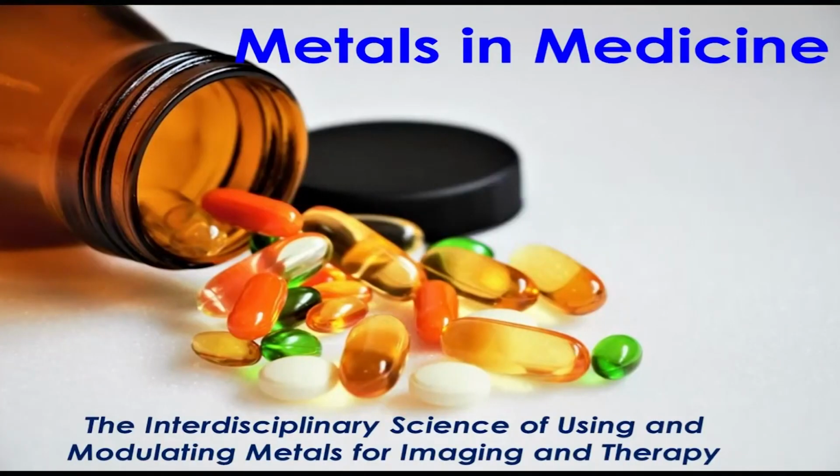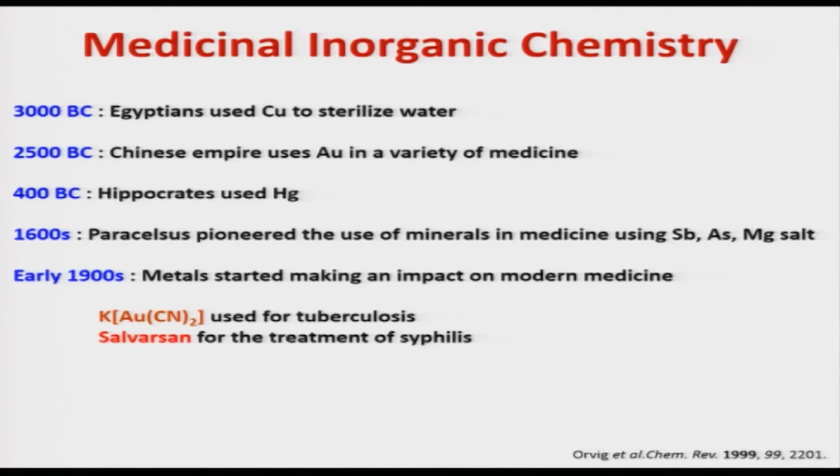Among the natural sciences, it is still considered a rather young discipline by many, but this is contrary to the historically proven use of metals in pharmaceuticals, which trace back to the ancient civilizations of Mesopotamia, Egypt, India and China. Indeed, medicinal inorganic chemistry has been practiced for almost 5,000 years.